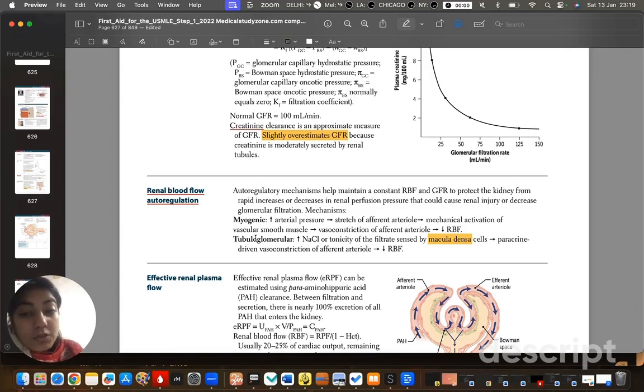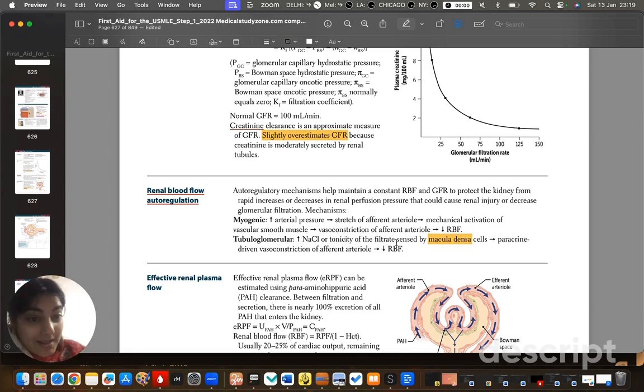The tubuloglomerular feedback, this is where your RAS system comes in. It senses the macula densa cells in the distal convoluted tubule. They sense the sodium, potassium, or tonicity of the filtrate.